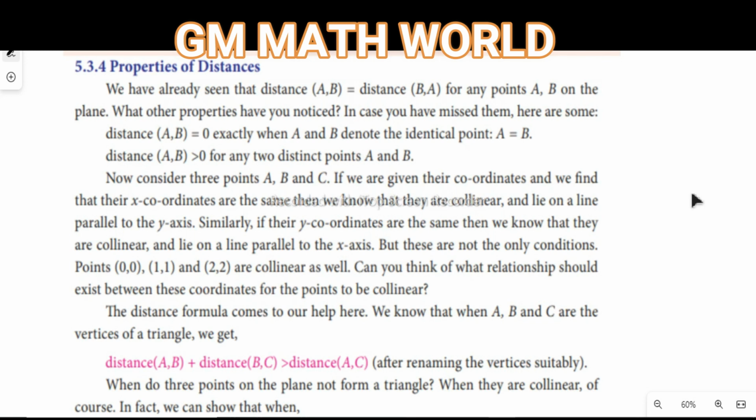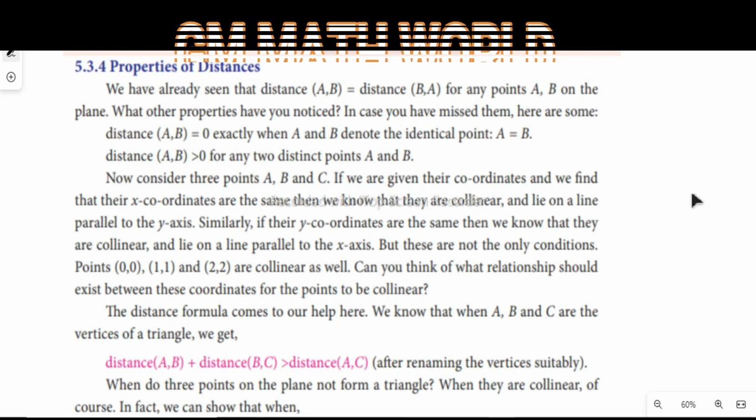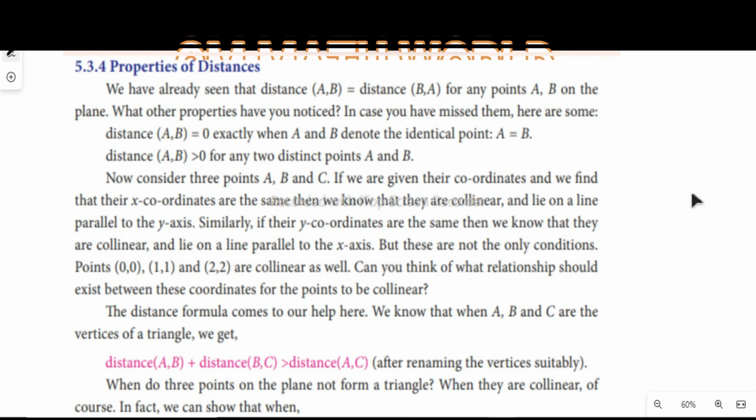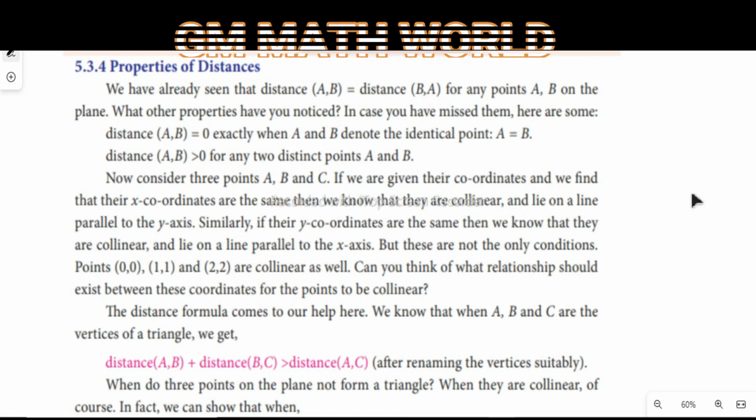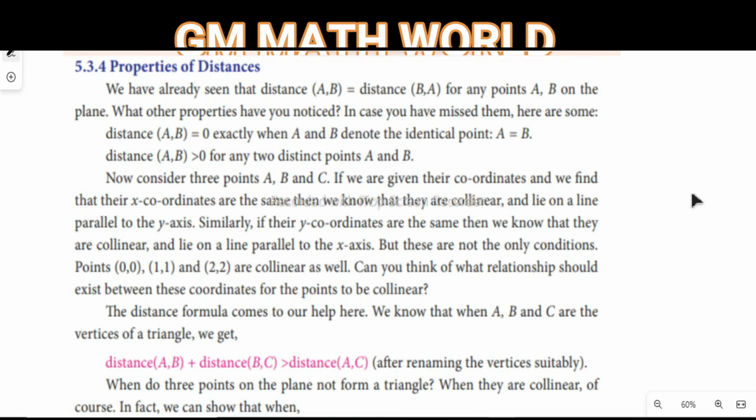Now consider the 3 points A, B and C. If we are given their coordinates and we find that their x coordinates are the same, then we know that they are collinear and lie on a line parallel to the y-axis. Similarly, if their y coordinates are the same, then they are collinear and lie on a line parallel to the x-axis.